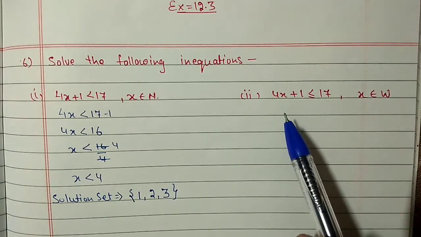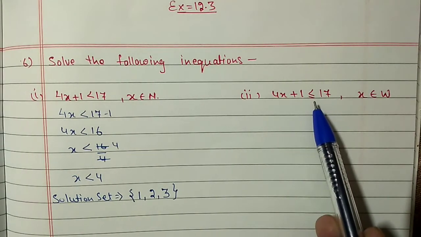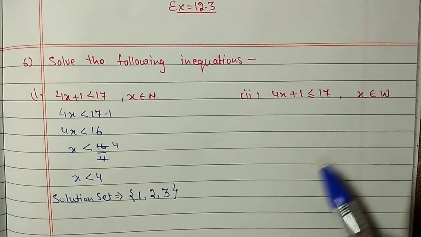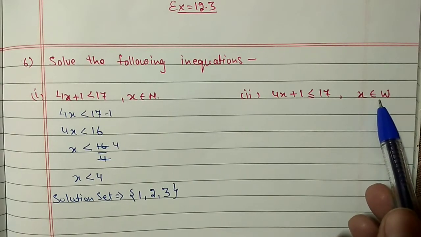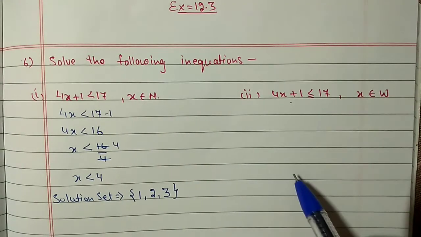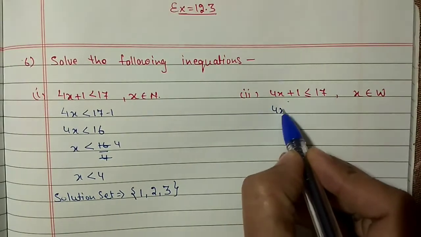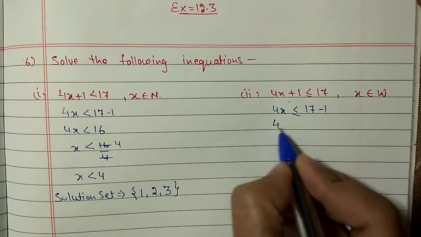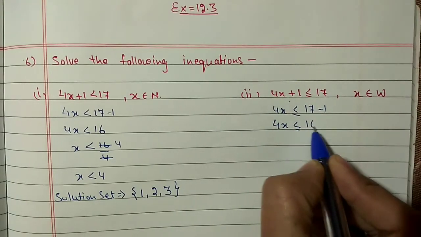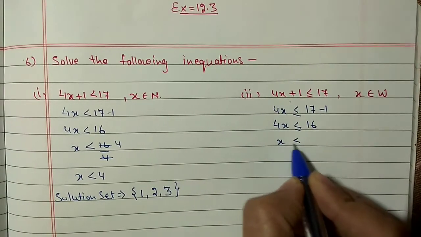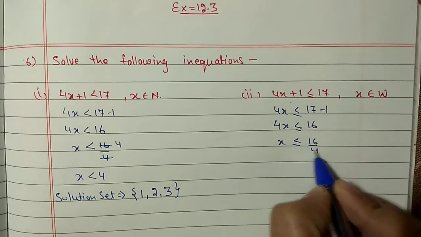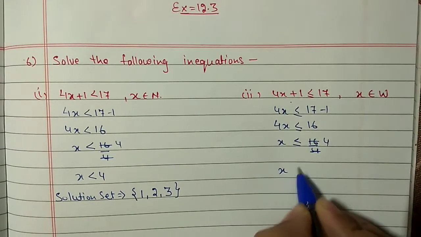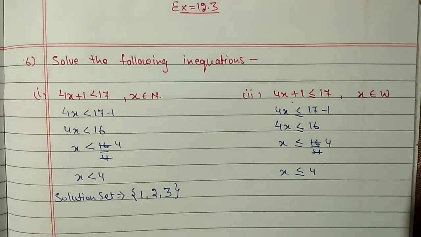Second part, same question, but here in place of less than, less than equal to is there and replacement set is given whole number. So first we will simplify it. 4x less than equal to 17 minus 1, 4x less than equal to 16 and x less than equal to 16 by 4, x less than equal to 4.